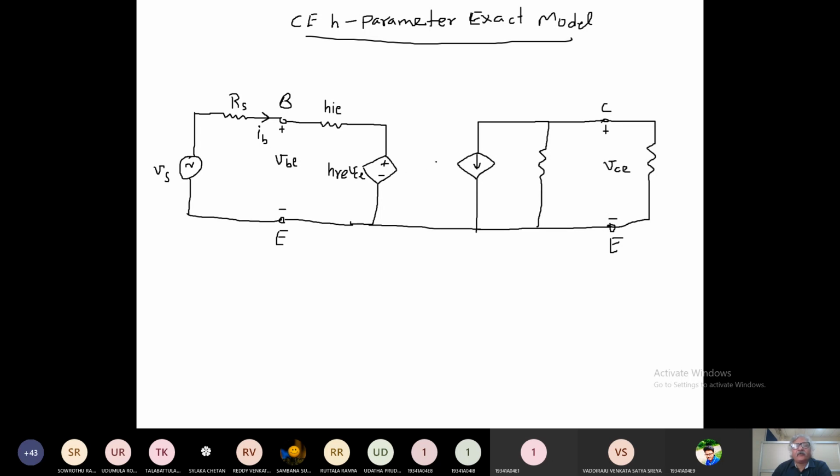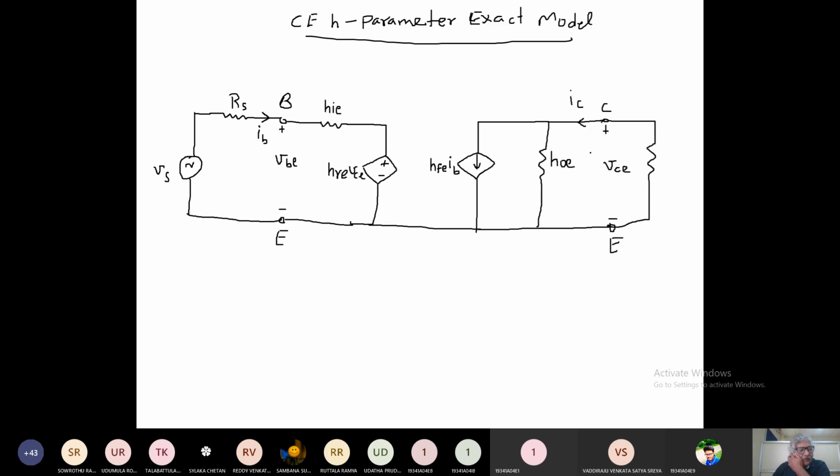This current source is HFE times IB. Coming to this side, this is the current IC, and this is HOE.